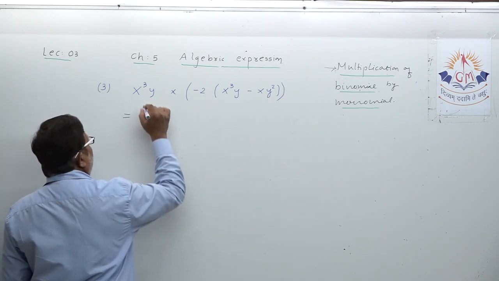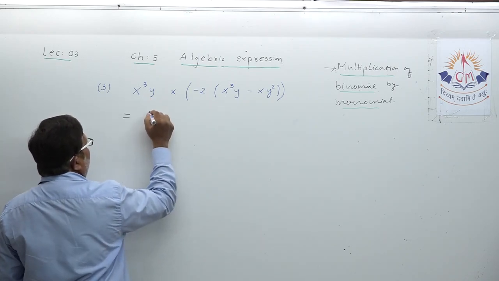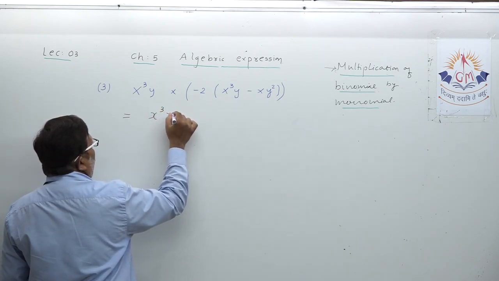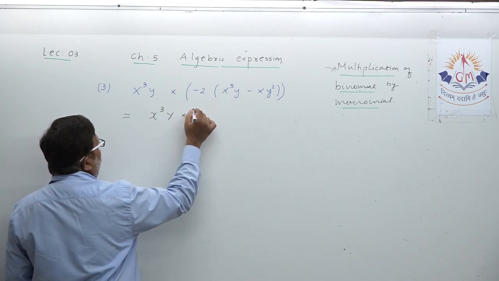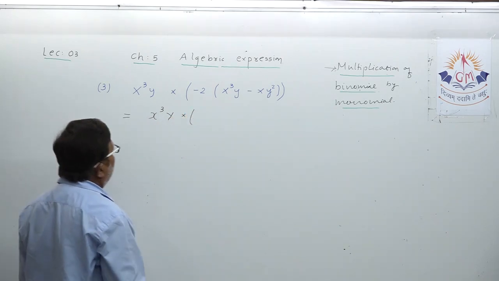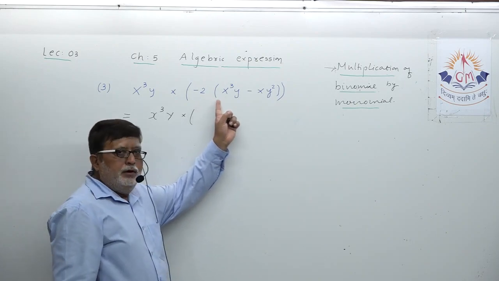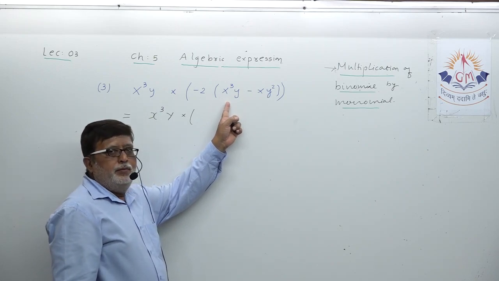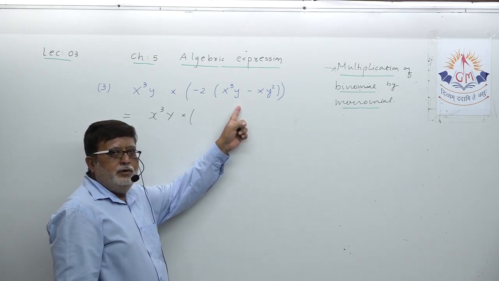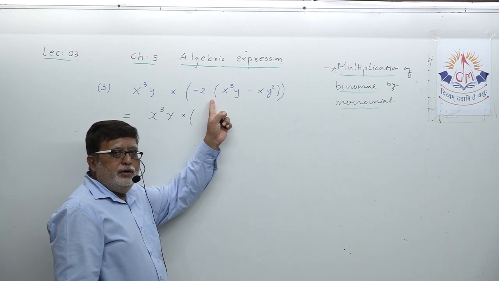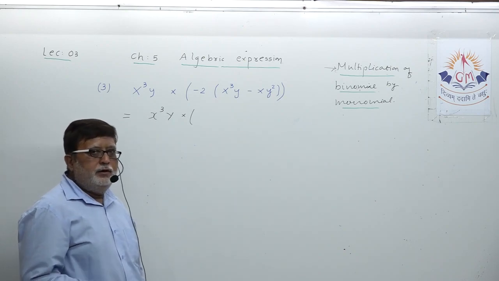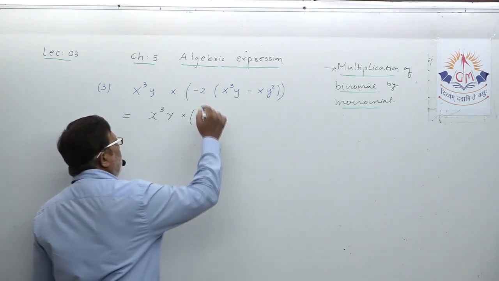Okay, I may keep this polynomial as it is, x cube y. I am not disturbing this monomial at all. Here, what you can observe is that in the bracket there is a binomial, and before the bracket one real constant is there. Let us do one thing which you seldom do. Let us open the bracket.